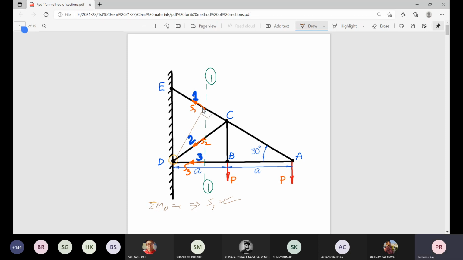Now what about this right angle triangle? AD is the hypotenuse. Sir, but it depends on where the dash line is. Does it depend on the location of the dash line?